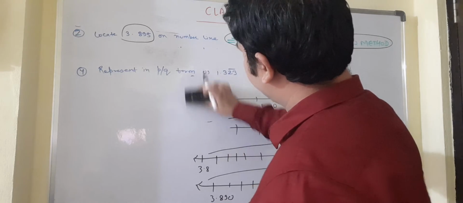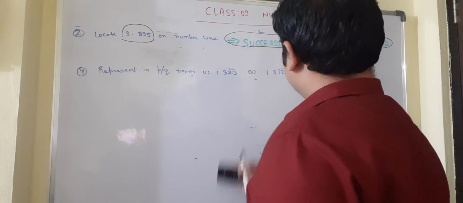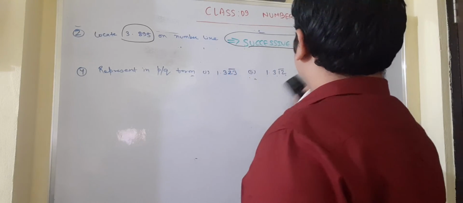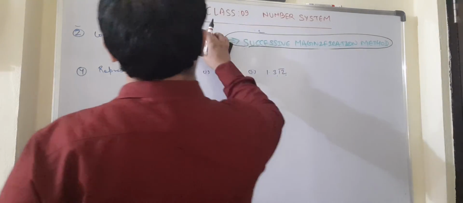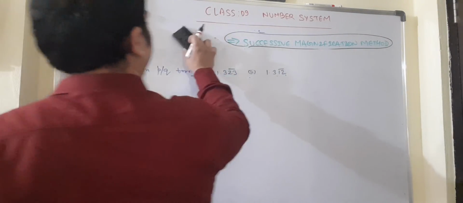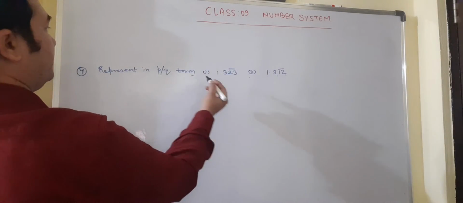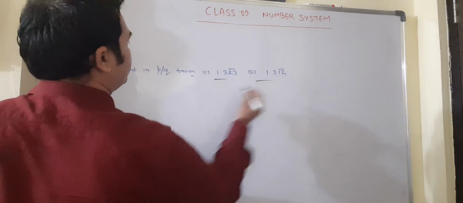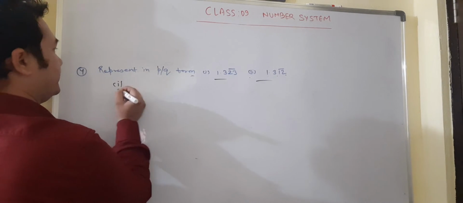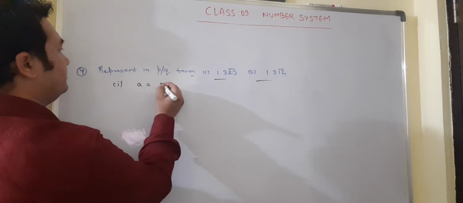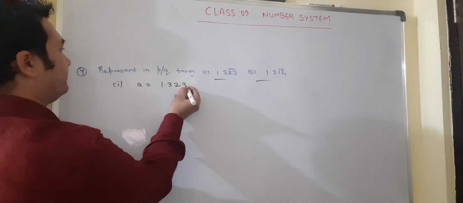Now the last question for today. Represent in the p by q form this and this. Let's take the first case. A equals to 1.323.